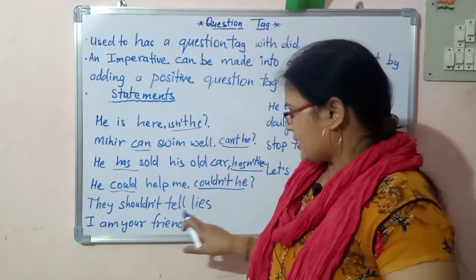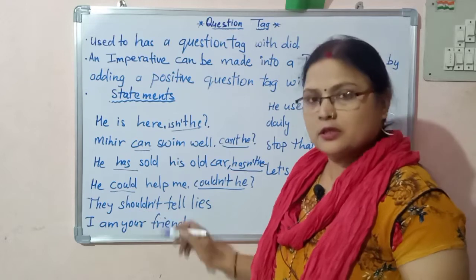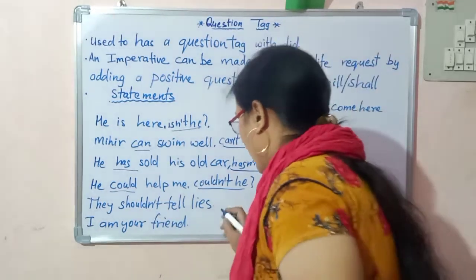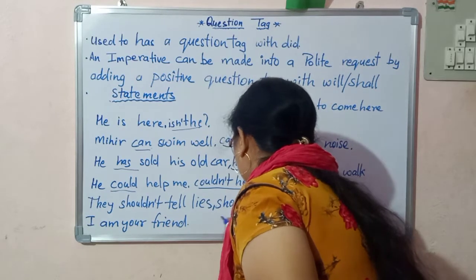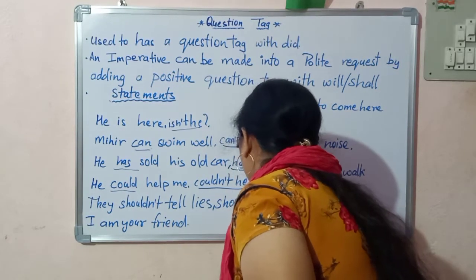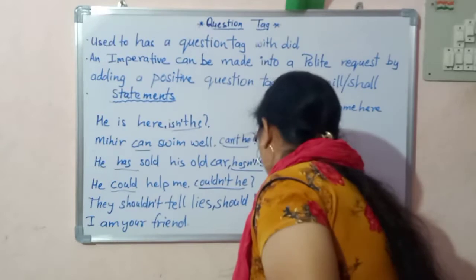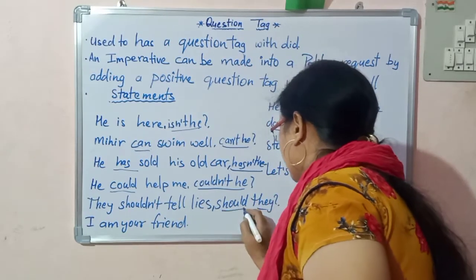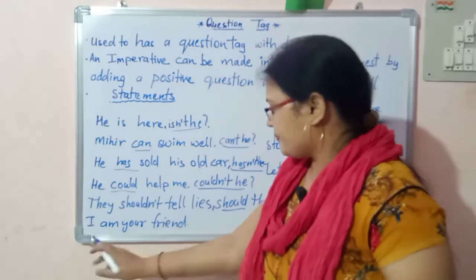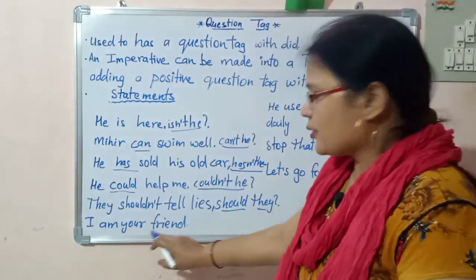They shouldn't tell lies. Shouldn't, a negative statement there, so the tag will be positive. Should they? Because they is already a pronoun, so as it is we write here. Should they? Next, I am your friend.